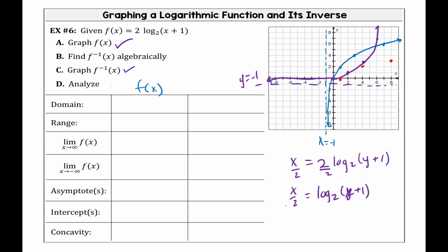You raise it to the second power. That's because if you raise 2 to this, the log and the base are the same, and they're going to do what? Cancel each other out. So we're left with 2 to the x halves equals y plus 1. So therefore, my inverse is 2 to the x halves minus 1.